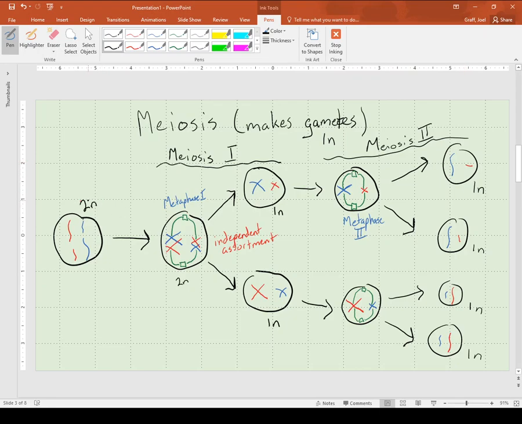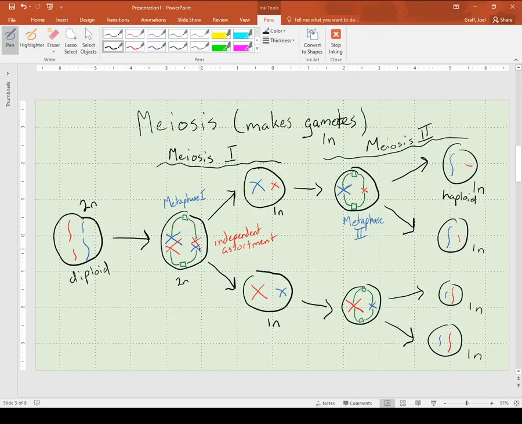So that's what fertilization is: you take two of these gametes and fuse the cells so that you go from one N, or half a set of chromosomes, or haploid, which is actually the word scientists would use. Let me put that, haploid. And if that was haploid, we would call this diploid. Alright, so that's meiosis in a nutshell.